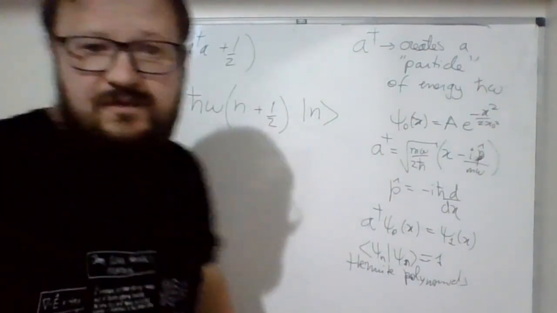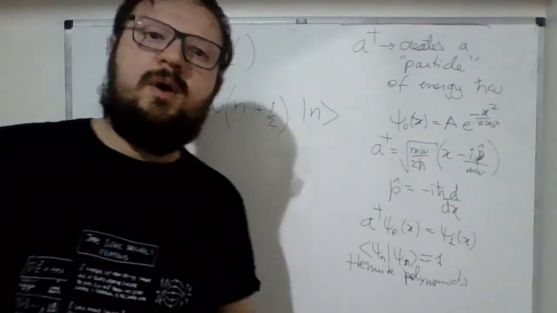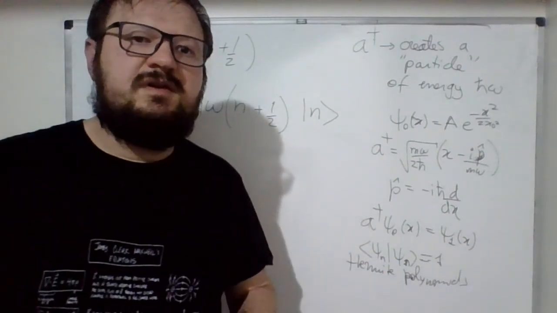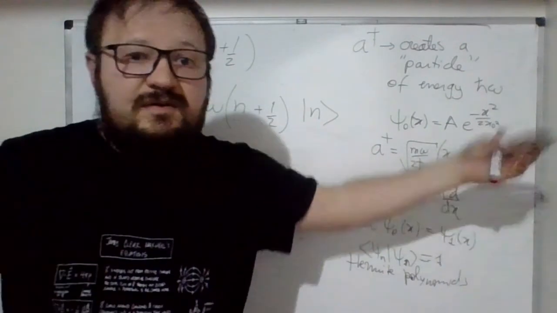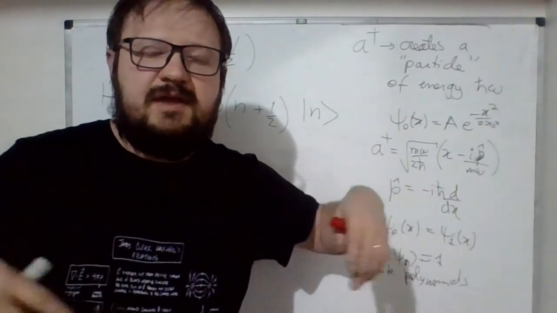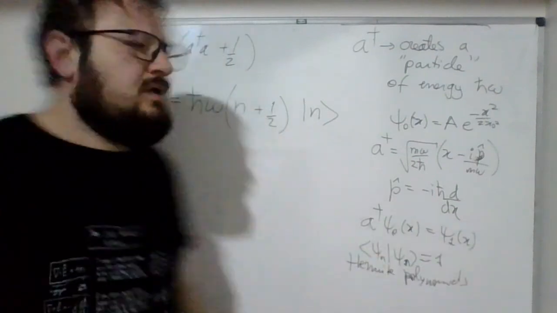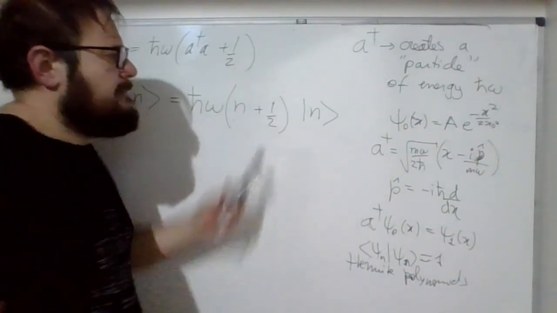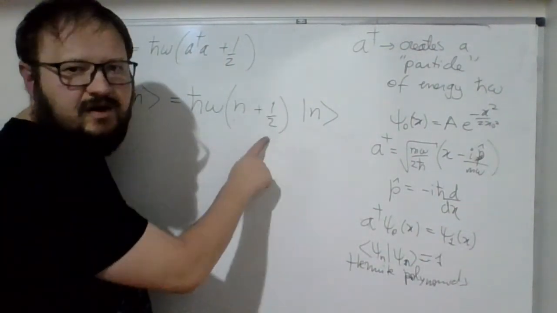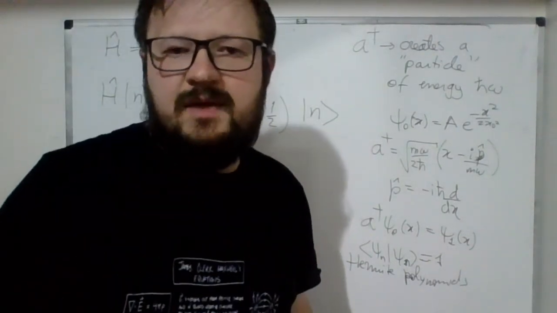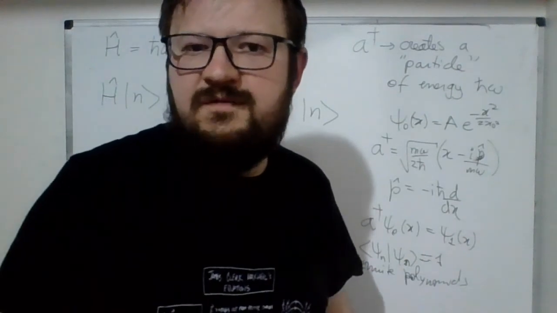This 1/2 is what produces some problems when you quantize a field, because a field can be considered as a set of harmonic oscillators. There is an infinite set of harmonic oscillators, so you must add up the energies of the vacuum for an infinite number of degrees of freedom, and this produces an infinite value.